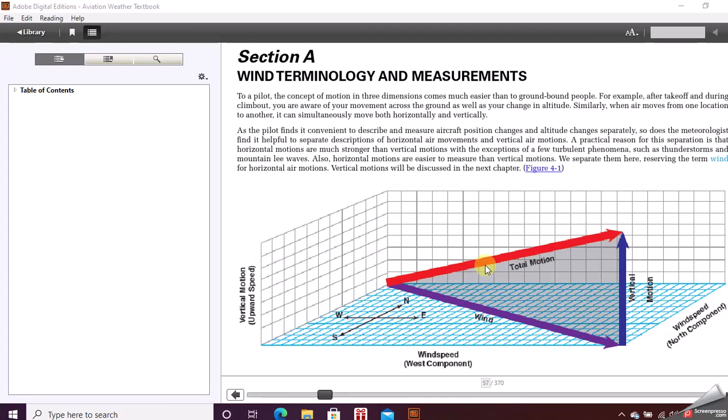So there's a total motion of the air parcel that you need to at least think about. That one air parcel that started here may wind up somewhere up in the sky at a whole different location. So that's why air is constantly in motion.